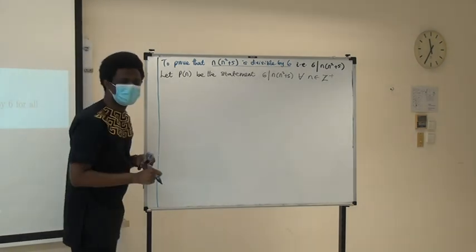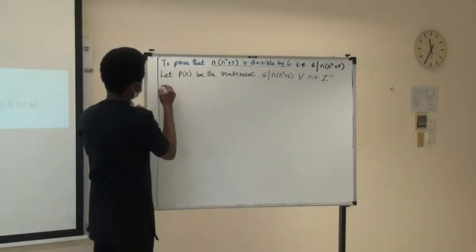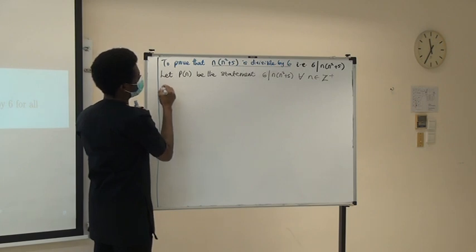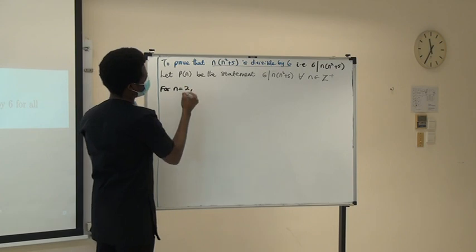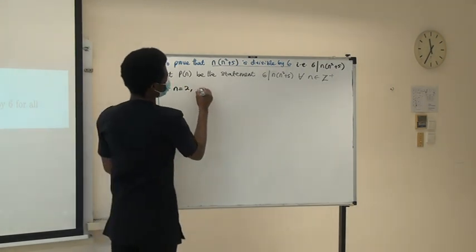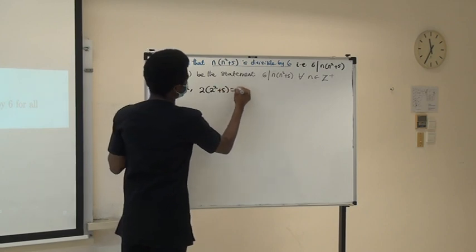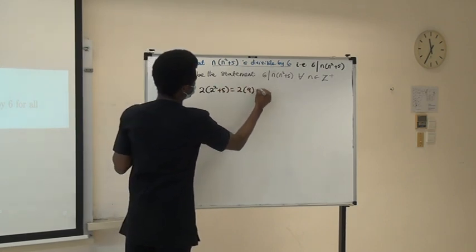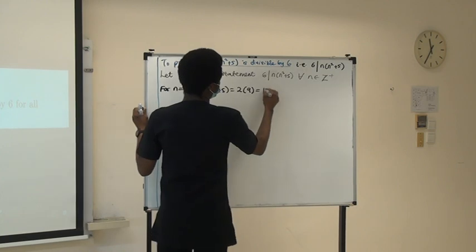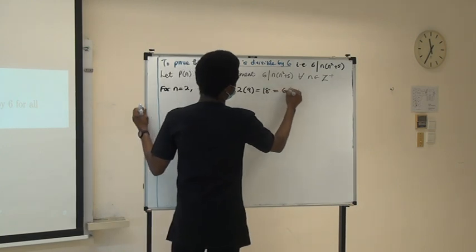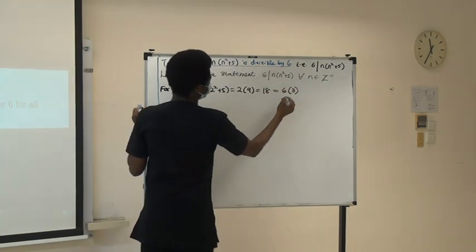I have introduced Pn, then I'm going to check for P2. So for P2, when n is equal to 2, let's check. 2 bracket 2 squared plus 5 is 2 bracket 9, right? Which is 18. Which is 6 bracket 3.